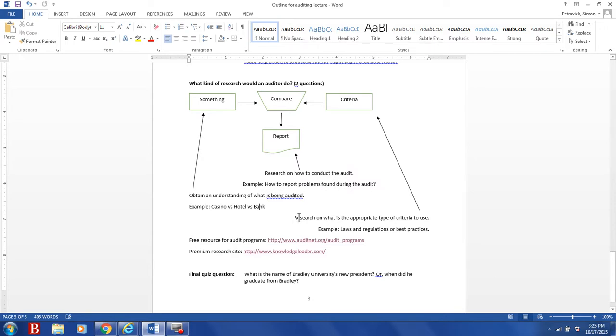So the final thing that an auditor might need to do research on would also be what kind of criteria is appropriate to use. So for example, taxes is often an easy one. We know that transactions need to be done in accordance with the law.